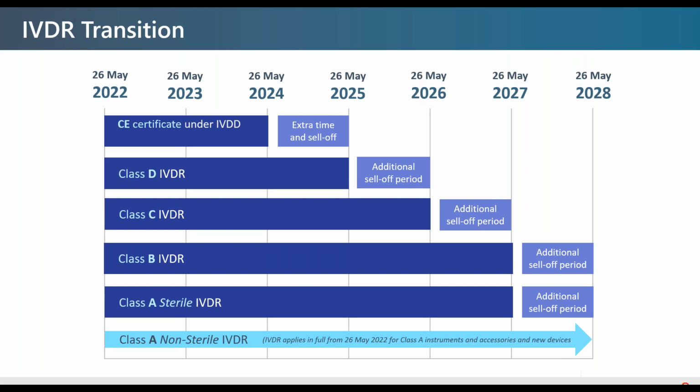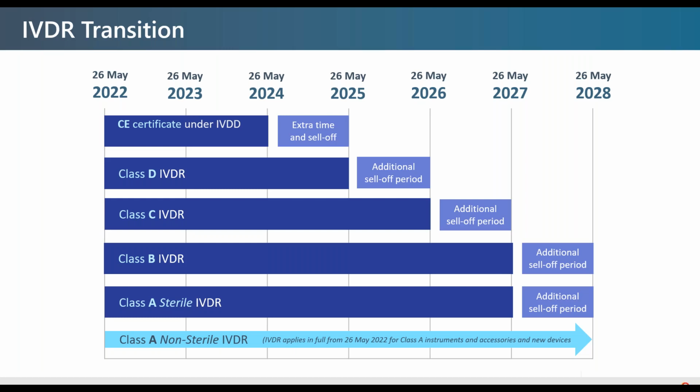The primary reason for that extension was that nobody had been having their PERs reviewed by notified bodies. Only about 8% of all IVDs needed notified body review at that time. So in order to get the other 92% reviewed and get enough notified bodies, they've extended that.